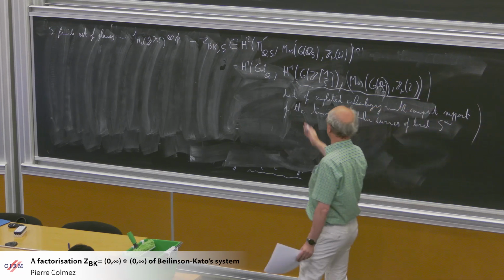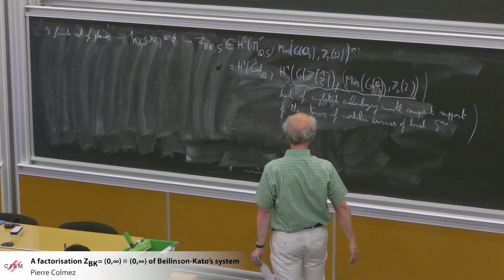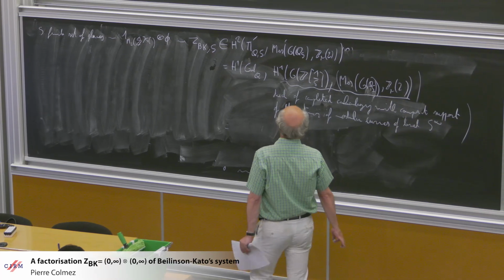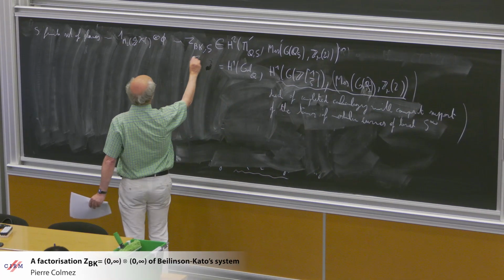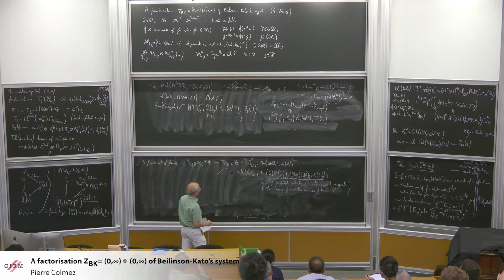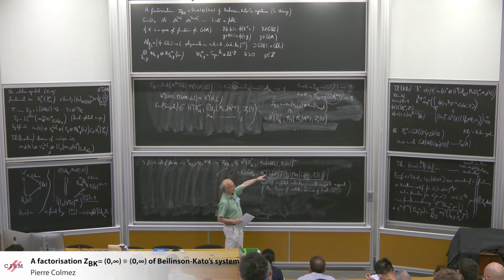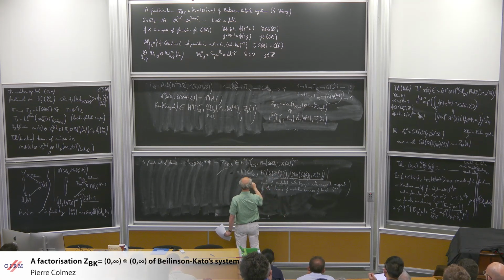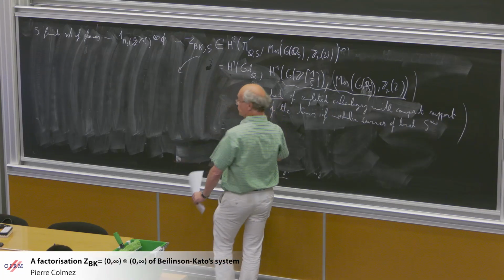Okay, so you get an element in here. And okay, so you have H1 of Galois inside this big cohomology, which is, in fact, not the dual, it's a Tate dual. Tate dual, okay?